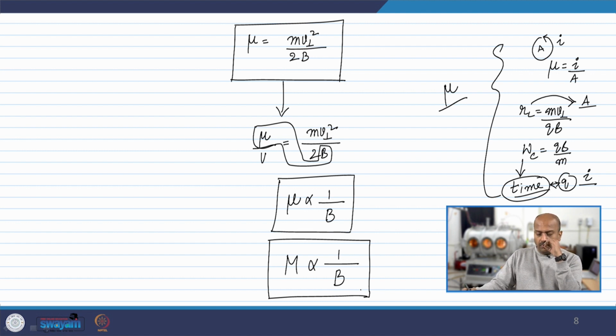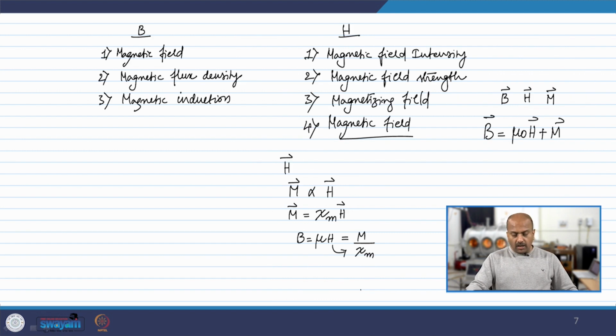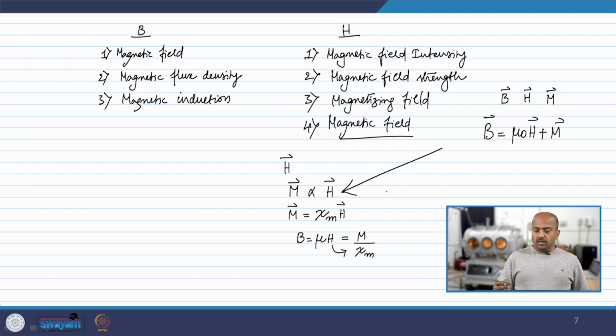Right. So we know that B is equal to mu H, and we have realized the magnetization is basically proportional to the applied field strength. In the earlier slide, this is what we have. More the field that you apply, the magnetization will be proportional to that, right. So if you apply a strong field, more dipoles will align themselves in the direction of the external magnetic field.